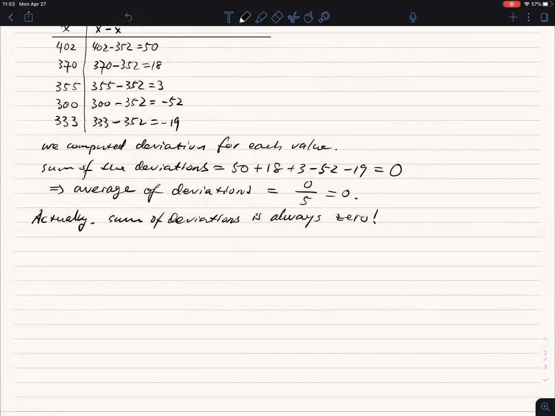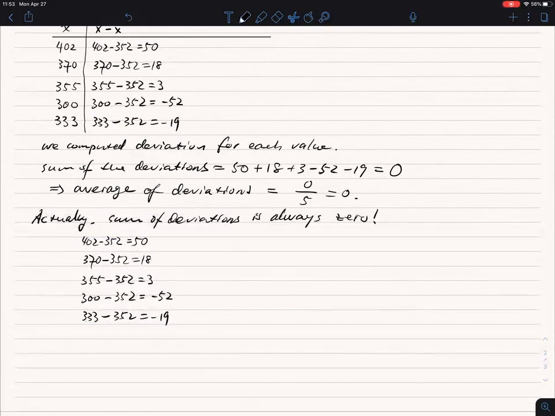But this is the same as adding all the left-hand side together. So let me copy and paste what we did here.